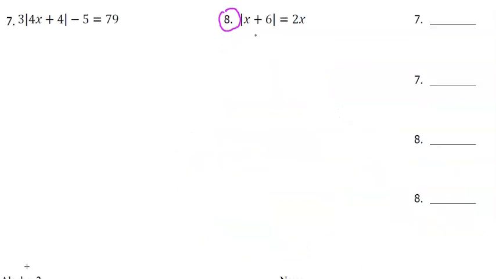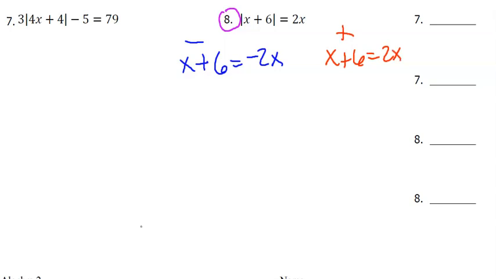Let's look at number 8. The absolute value of x plus 6 equals 2x. The absolute value is already isolated, so let's go ahead and set up our negative piece and our positive piece. Our negative piece would be x plus 6 equals negative 2x. And your positive piece would be x plus 6 equals 2x. Now we'll solve for x for each equation.